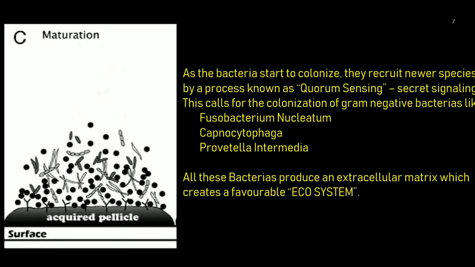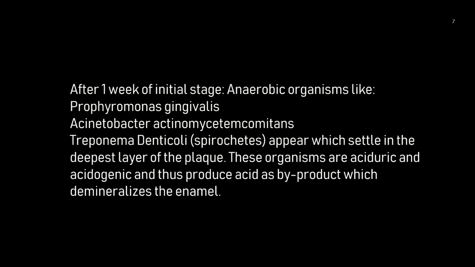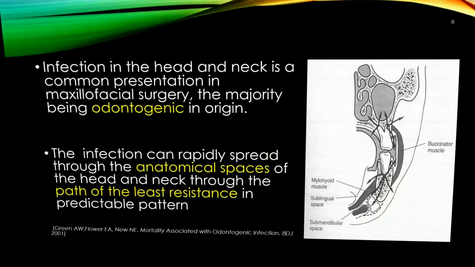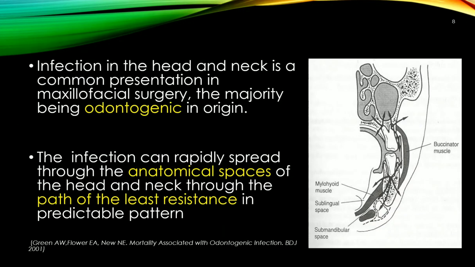The next step is that they start recruiting new bacteria by a process known as quorum sensing, that is, secret signaling within the organisms, and attract a lot of gram-negative organisms like Fusobacterium nucleatum, Prevotella intermedia, and all others. After a week of the initial stage, anaerobic organisms also grow in, and they take the deepest part of the plaque.